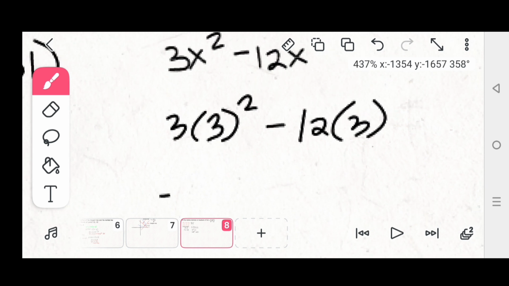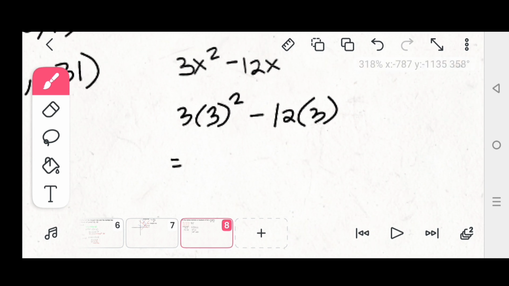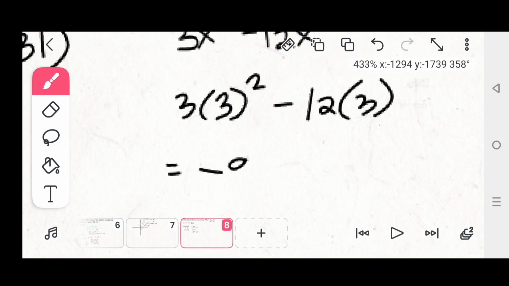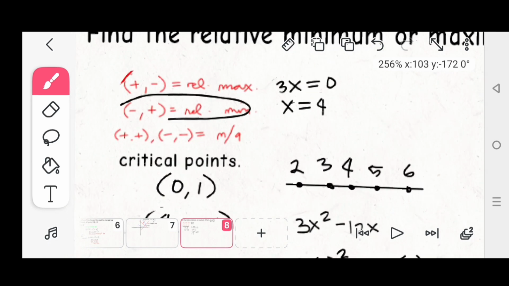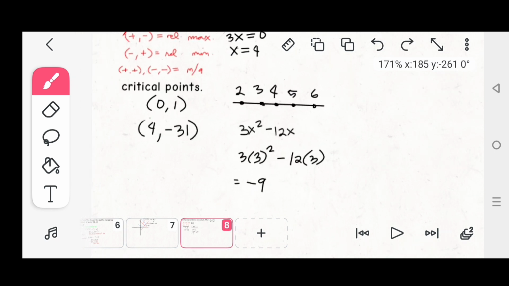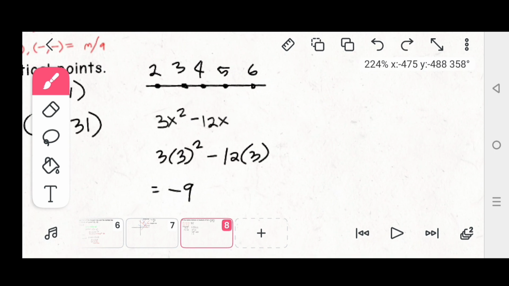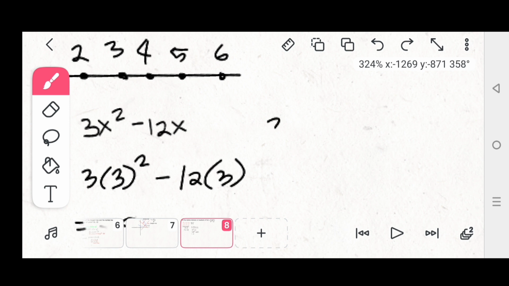Let's choose 3, which is equal to negative 9. So since it's negative, there's a chance that it's a relative minimum or it's not.